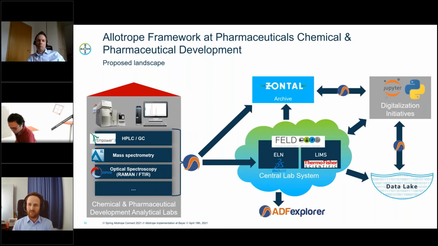We might also need some data lake storage for specific use cases where we have a large amount of data and where those ADFs could also be filled into. And we want to leverage this treasure of data which we get from our raw data, with those initiatives, from a central storage like our central lab system.